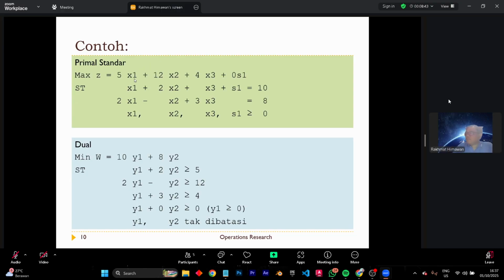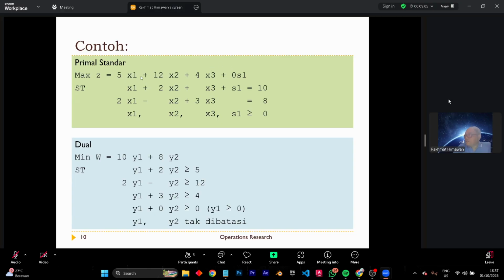Now, this is what I want to show you. Look down at the part, the one that you used to know, standard form. This is the coefficient of the variables of the objective function, the first constraint, the second constraint, and the non-negativity constraint. Look, 5, 12, 4, 0.